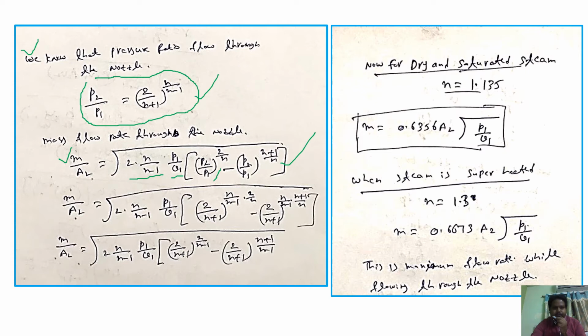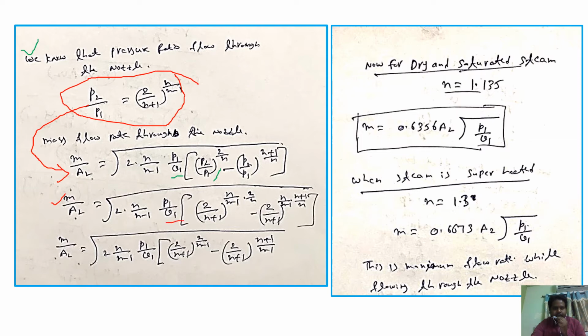Now if you substitute, in place of P2 by P1, the value (2 by n plus 1) whole power n by n minus 1 in this equation, the equation would be M by A2 equals 2 into n by n minus 1 into P1 V1.